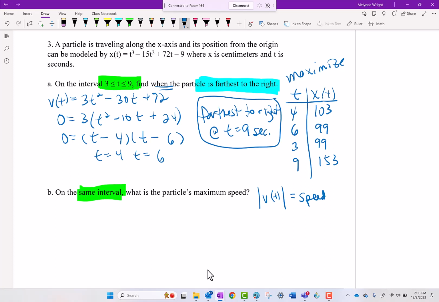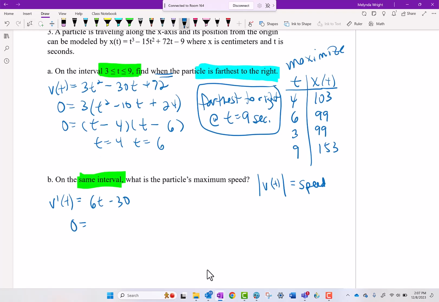You with me? So I've got to find a of t, and then I'm going to set it equal to 0 and do candidate's test again. All right, so let's go for that. So we'll call it v prime of t. Or you can call it a of t. It doesn't matter. Either is fine. So that would be 6t minus 30.